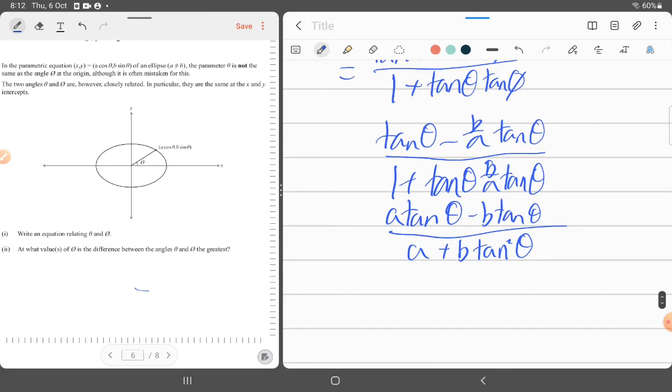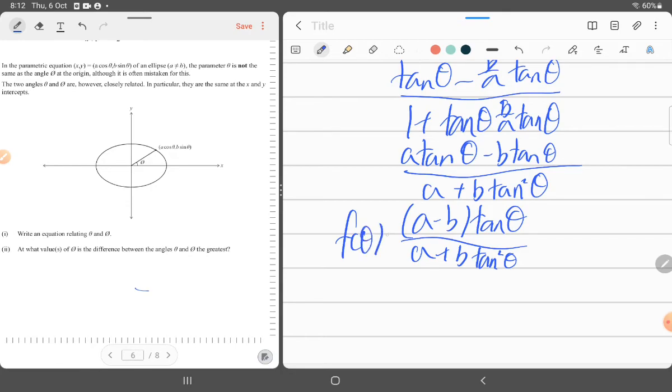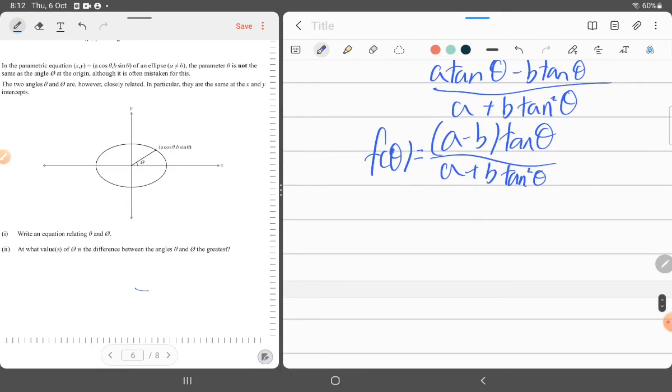How can we write this easier? Yeah, let's just factor out tan theta. Tan of theta minus phi is equal to (a minus b) tan theta over a plus b tan squared theta. That's what tan of theta minus phi is equal to. So, we differentiate this. The derivative of tan is sec squared.